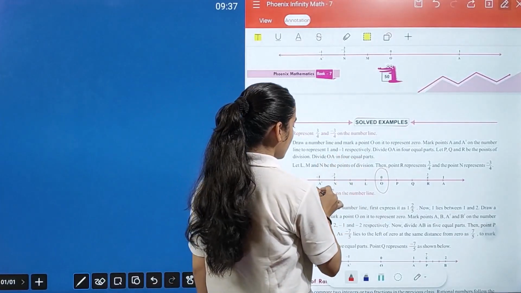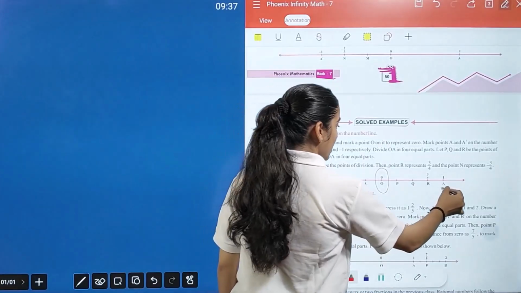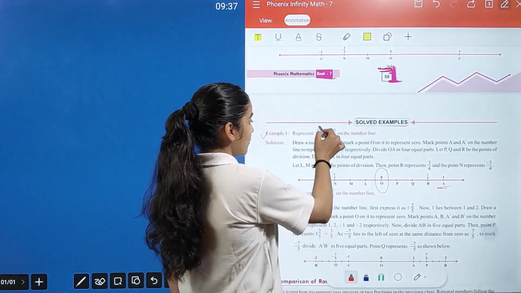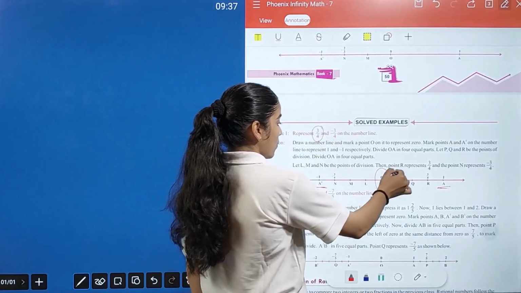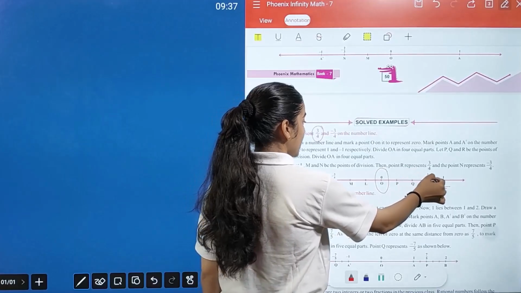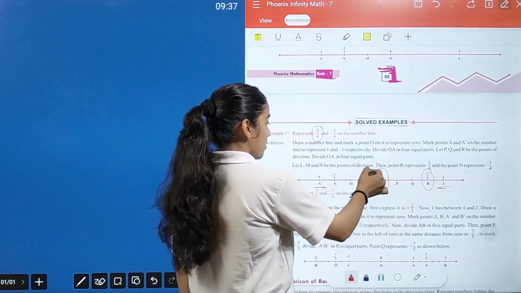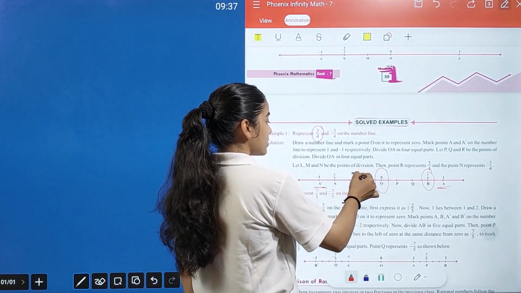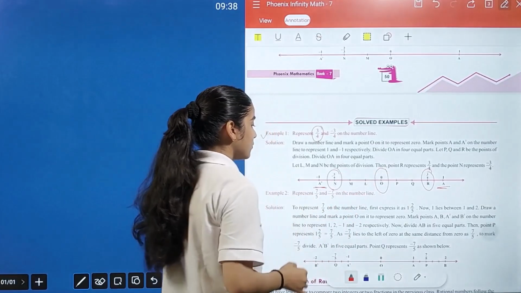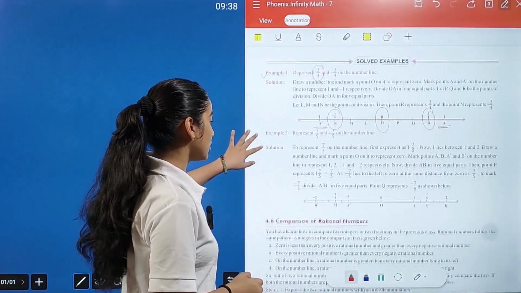So this is your minus 1 and plus 1. Between it you have your numbers. So you have to represent 3 by 4: 1 by 4, 2 by 4, and here you have 3 by 4. Minus 1 by 4, minus 2 by 4, and minus 3 by 4 is on your number line.